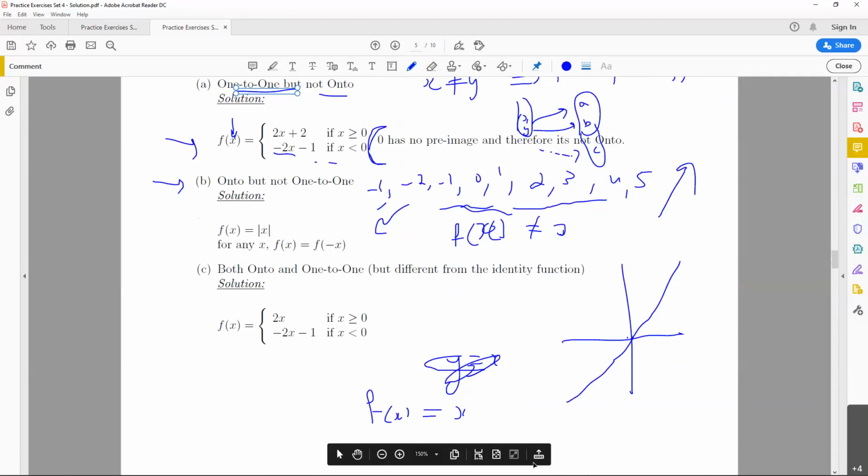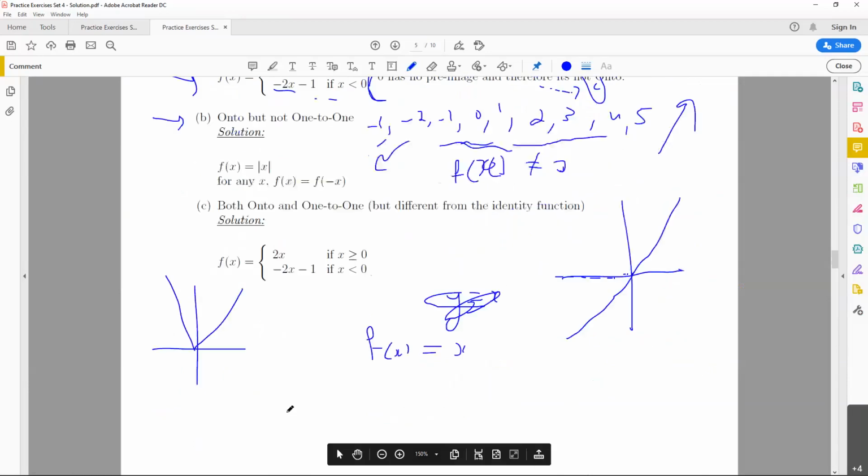But now, since we have an absolute value, whenever x is negative, the y is going to be positive. So it's actually this, sort of like a V.